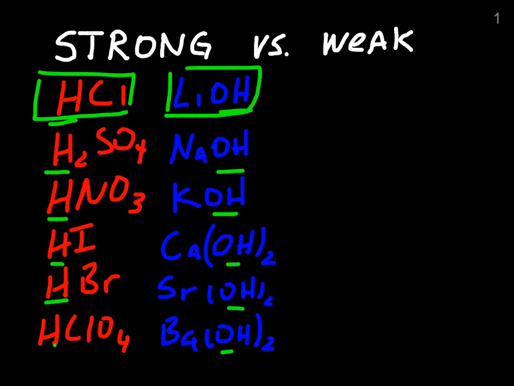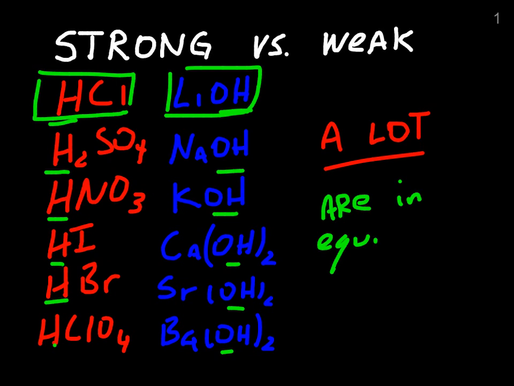So now, what are weak? Well, weak is everything else. So weak is a lot of stuff. I'm going to show you how you can tell the difference between a weak and a strong acid. Basically, weak ones are in equilibrium because they do not ionize 100%.